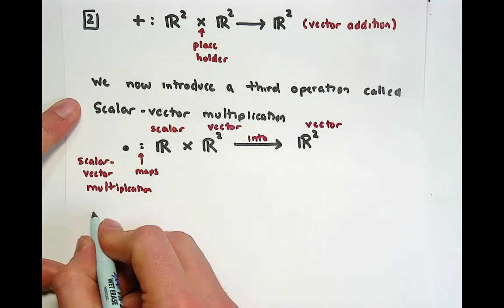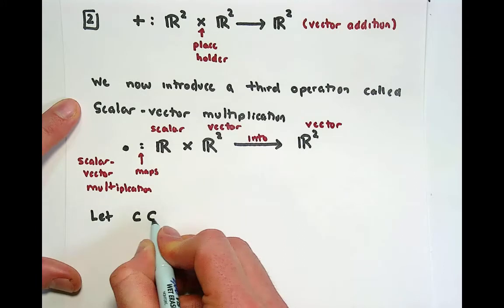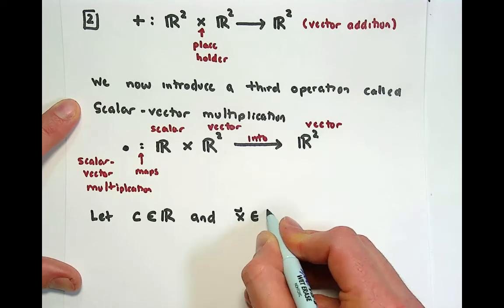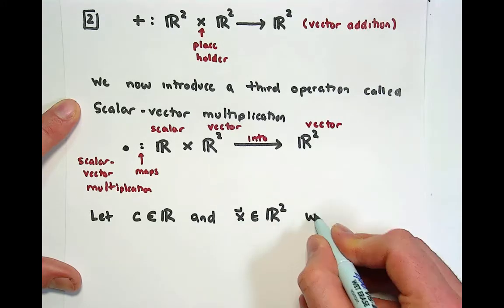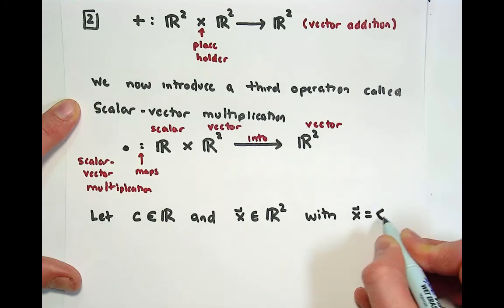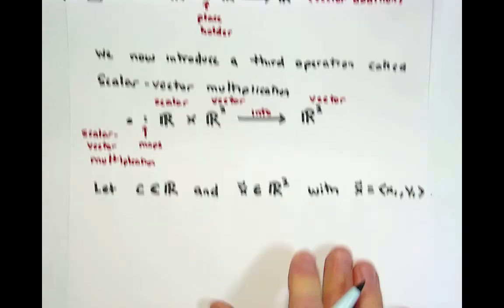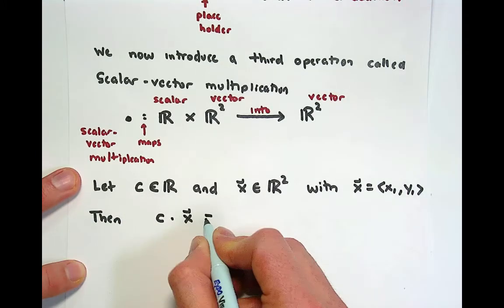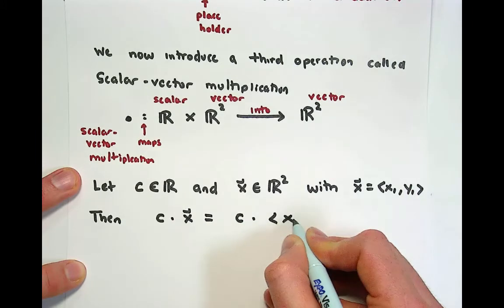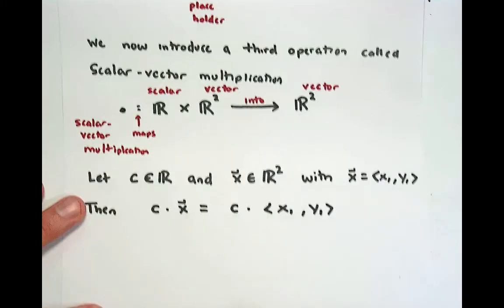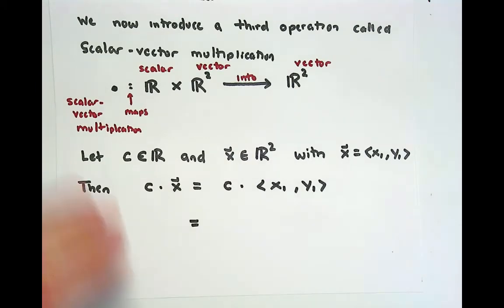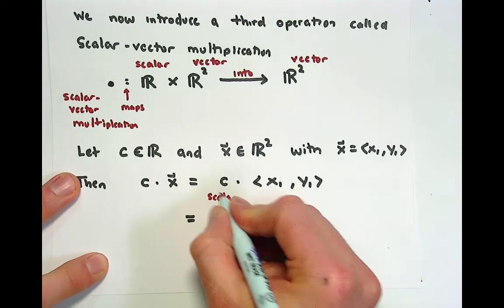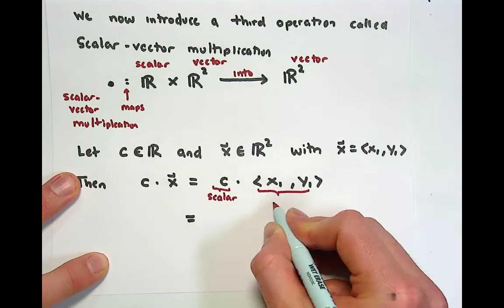To this end, let's go ahead and define this. So let's let C be a scalar, and we'll let x be a 2 by 1 vector, and we'll have it be equal to x1, y1. Then we define C times x. So here we have C times x1, y1. So that's a scalar vector multiplication because we have a scalar on the left and a vector on the right.